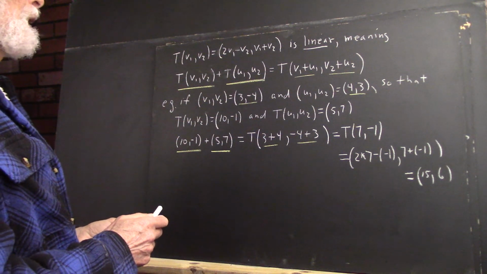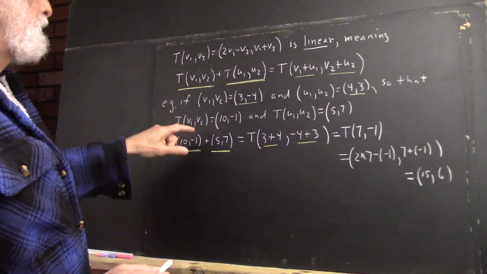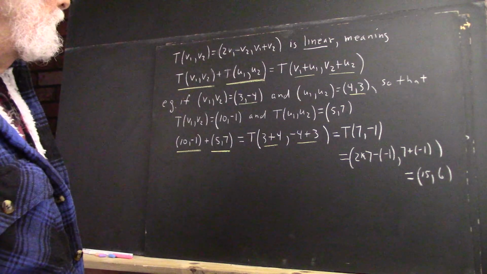And I probably should have noted that T of V1, V2 equals this, T of U1, U2 equals this.